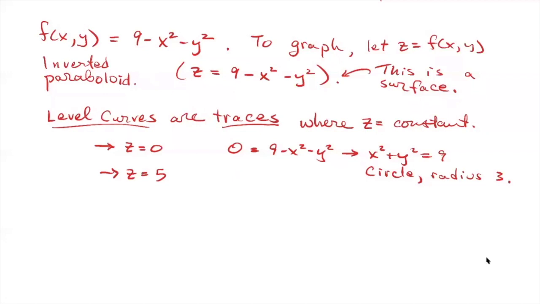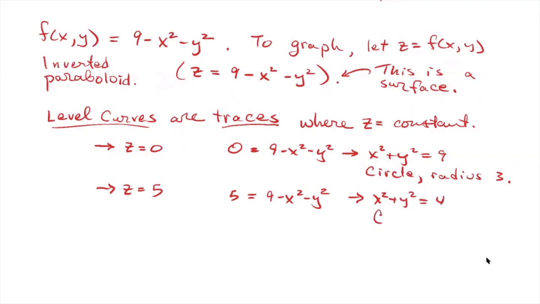Okay, so with z equal to 5, I have 5 equals 9 minus x squared minus y squared. So I think that's x squared plus y squared equals 4, right? So that's a circle of radius 2.